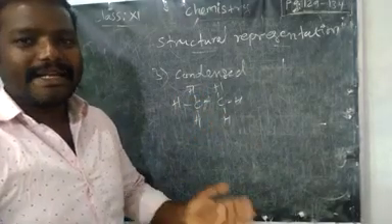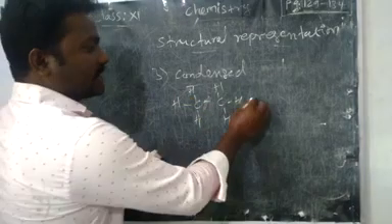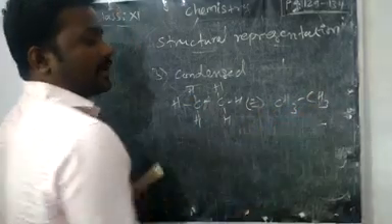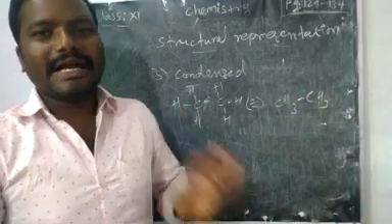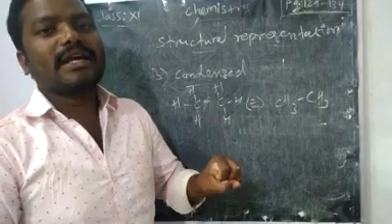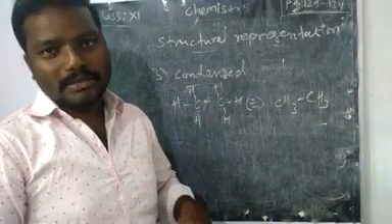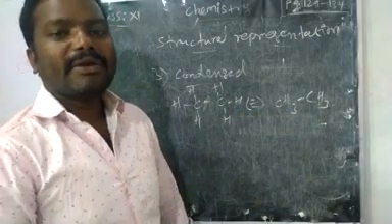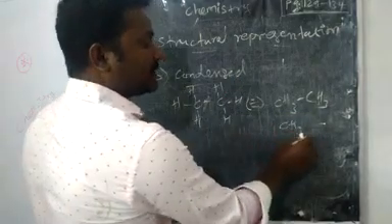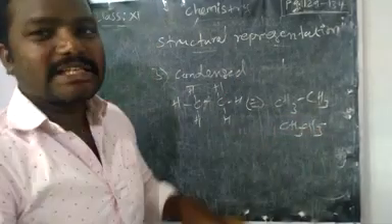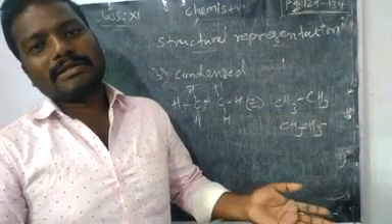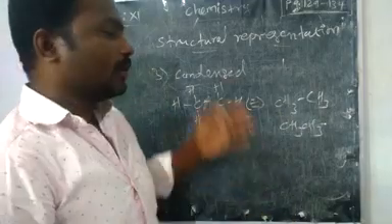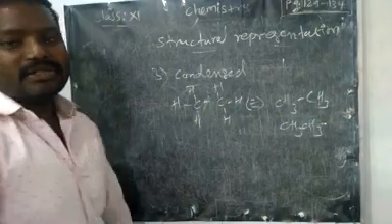We know all hydrogens are connected with carbon, so this structure you could write in another way, CH3 CH3, right? This structure is called a condensed structure, so we can reduce the number of bonds. If we want, we can reduce the carbon hydrogen bonds. Simply we can write the bond between the carbon and carbon. Somewhere we will write like this also, CH3 CH3. So we are removing the sigma bonds, except the carbon carbon bond, and the remaining we will remove. That structure is called a condensed structure.